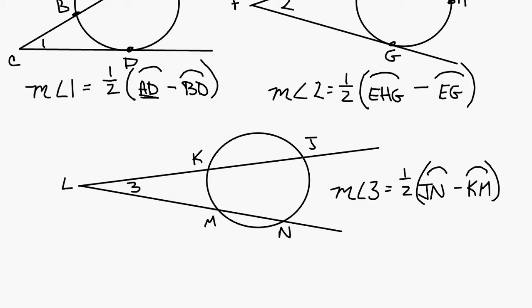So the 2 examples that they give you there, example 3A and 3B. Example A is real simple. Let's look at example B. They got to make you think a little bit. It's 2 tangents. This is x degrees, and this arc is 132 degrees.